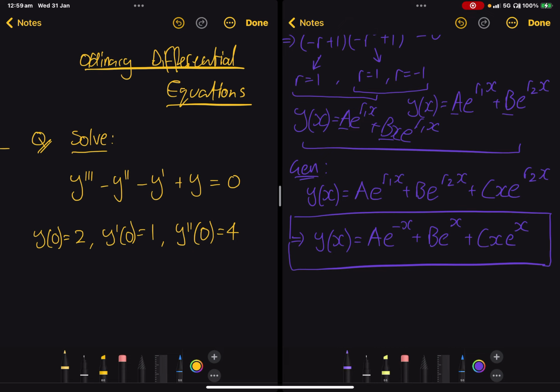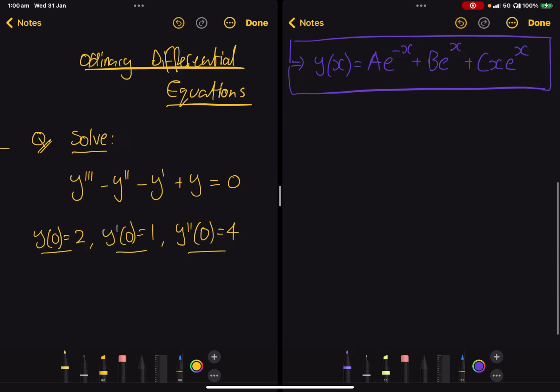So now we want to take the derivative of this and then the second derivative of that. We want to use the three pieces of information we've been given here to find the values for a, b, and c. So this is our function. Our derivative y'(x): the derivative of a e^(-x) is minus a e^(-x). The derivative of b e^x is just b e^x. c x e^x is a product rule.